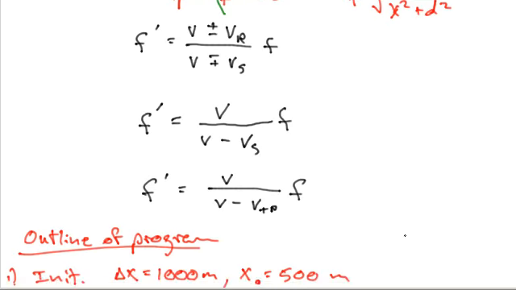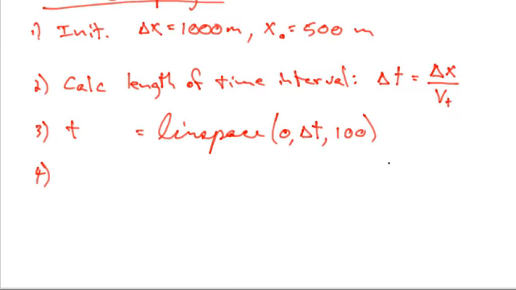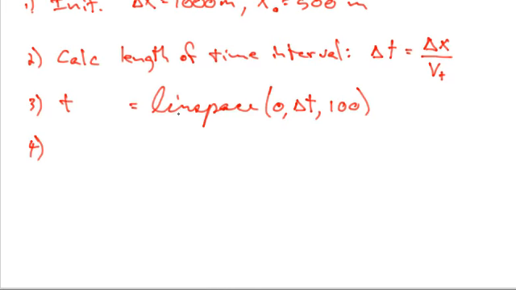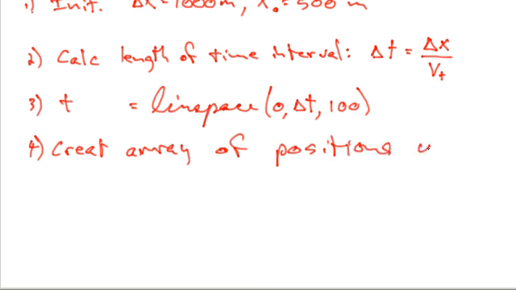Then create an array of positions, using x is equal to x0 minus vt times t.